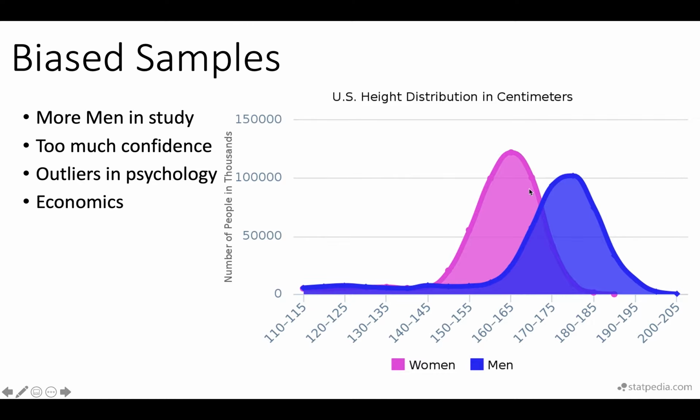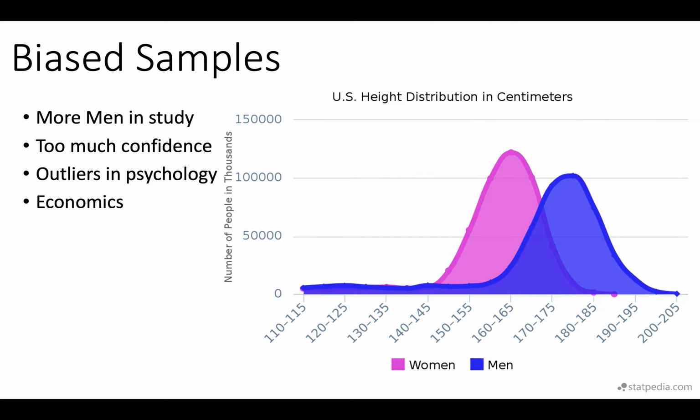Is that when you look at height distributions, males tend to be more spread out. This means the average is actually closer to males than females, which tend to be more peaked. So more males are closer to average, which is what they usually want in a study. They want most people to be around the average.